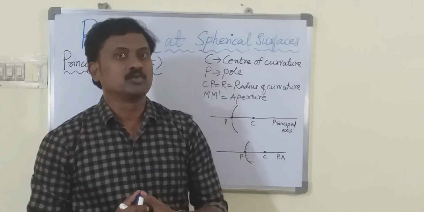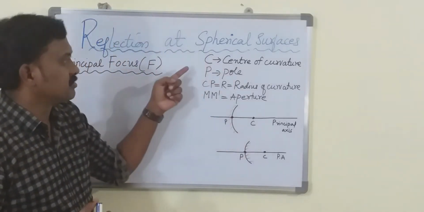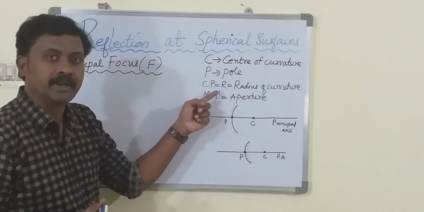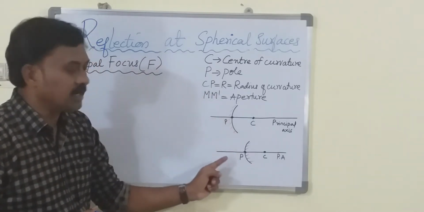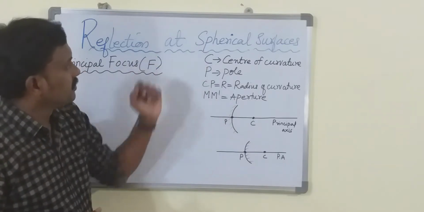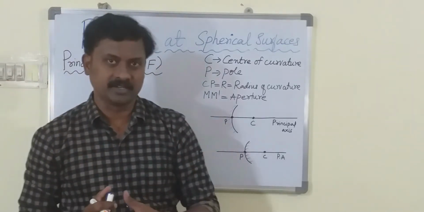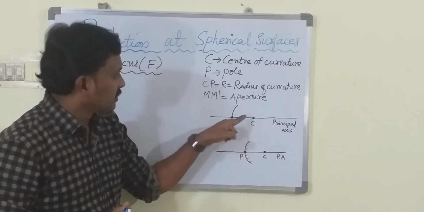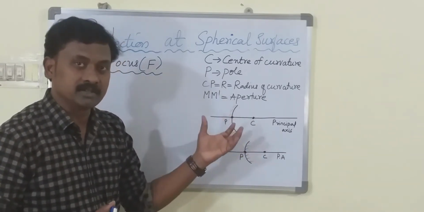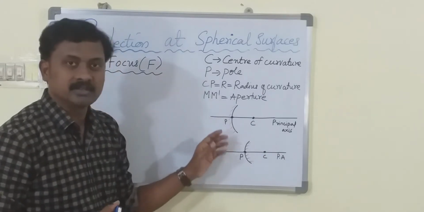Okay children, so we have studied the center of curvature, pole, radius of curvature and aperture of the concave mirror and convex mirror. How do you define the center of curvature? The center of curvature is the center of the sphere of which the mirrors are part.